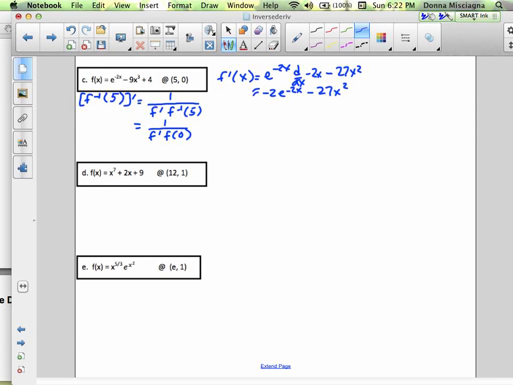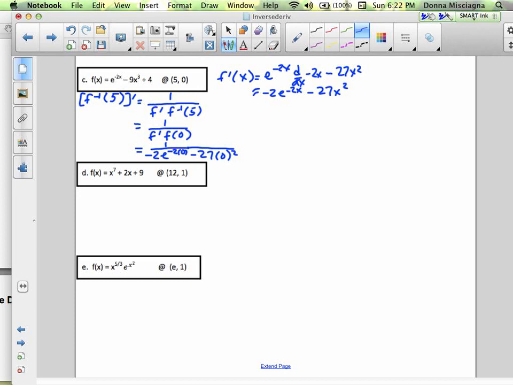All right, and so now we're going to put that in the denominator and plug in the 0. So that's going to be equal to 1 over negative 2e to the negative 2 times 0 power minus 27 times 0 squared. Well, 27 times 0, that's just 0.